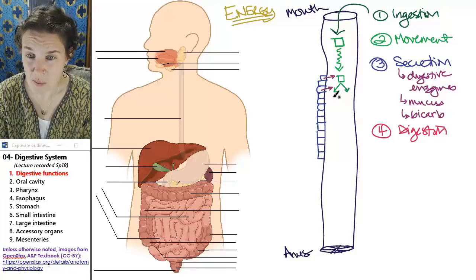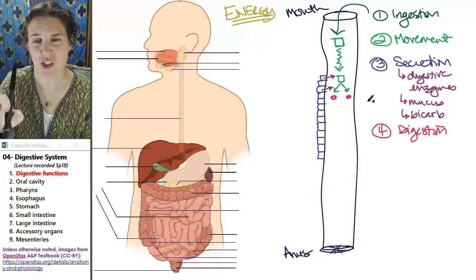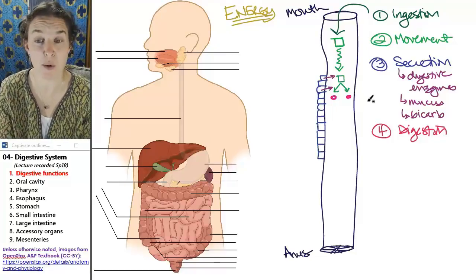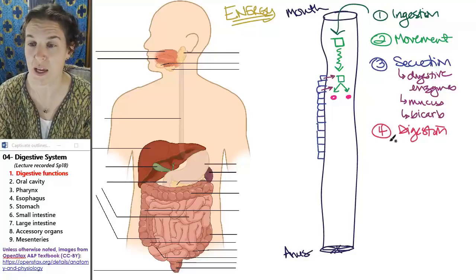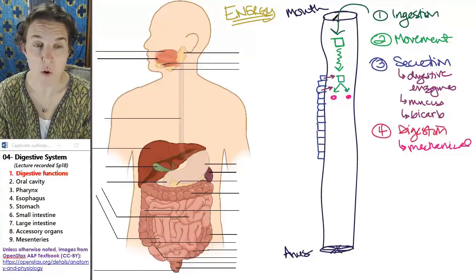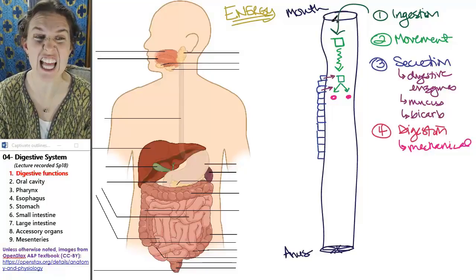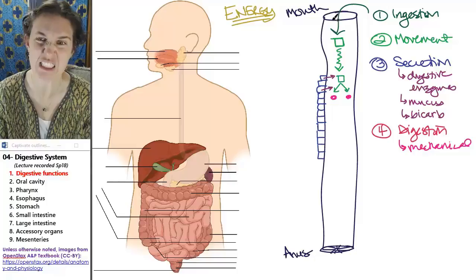There are multiple forms of digestion that can happen. So we just took that green box and we broke it into pink circles. Digestion can be mechanical, which means it would happen up in the mouth, which is one place that mechanical digestion takes place, with these guys.